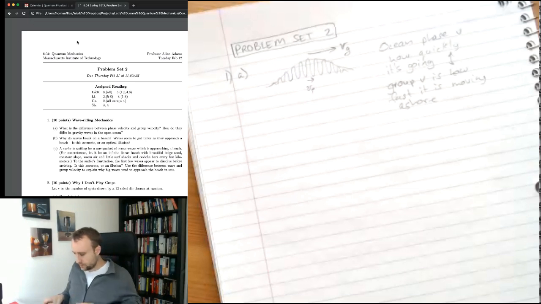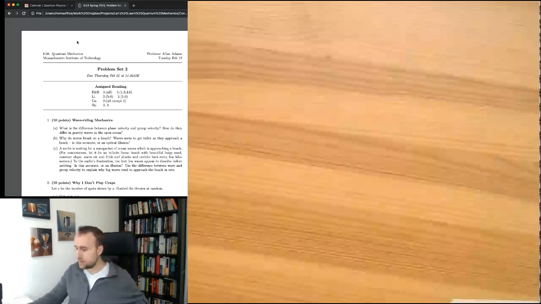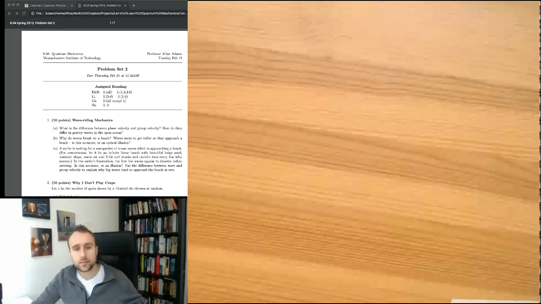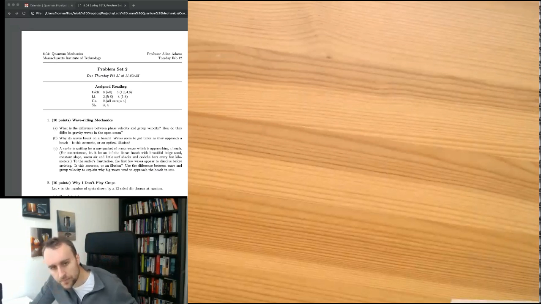So let's get out our Ohanian. Let's see if we have anything on waves. Do we have anything on waves here? Waves is page 412. Let's just switch over to this view for a sec temporarily.